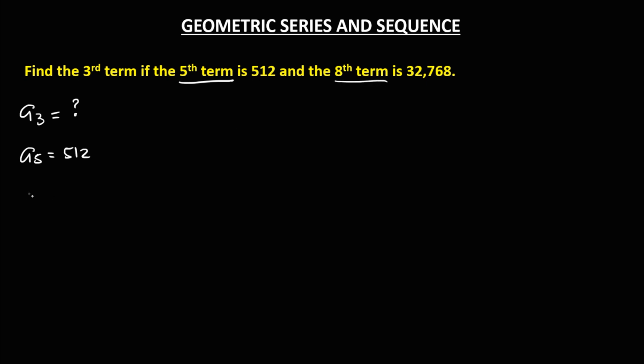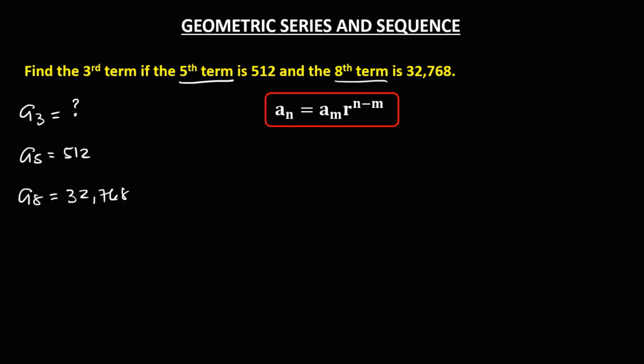And the eighth term, that's a sub 8, that's 32,768. Since based on this given there is no first term or a sub 1, we're going to use this formula. So replace a sub 1 by a sub m and n minus m.